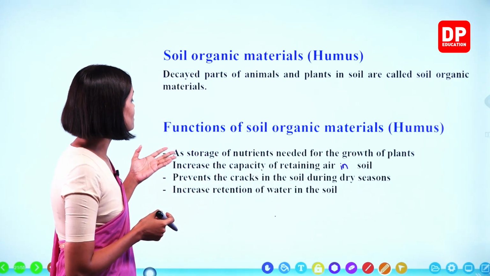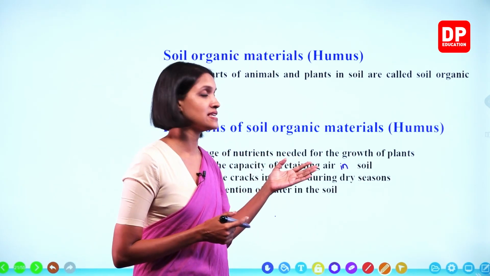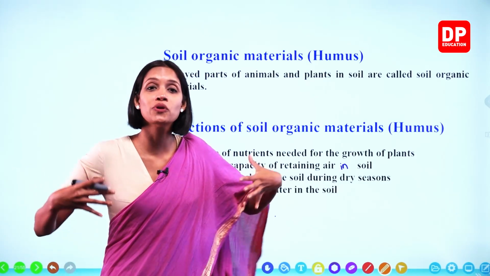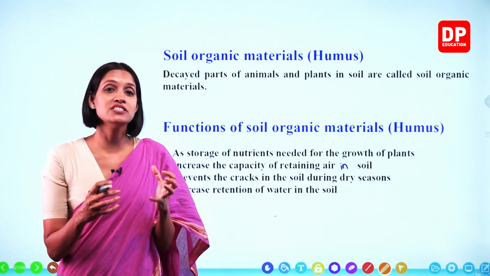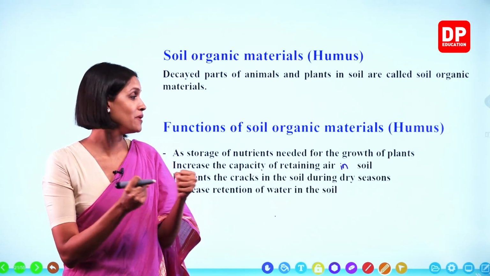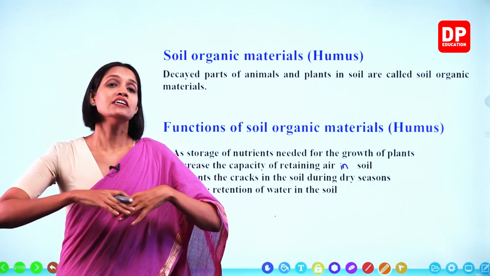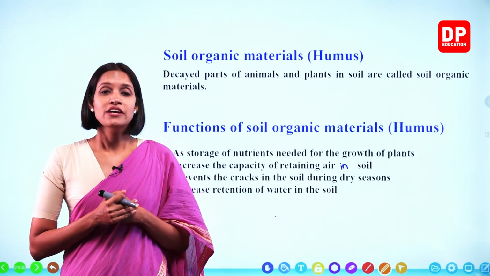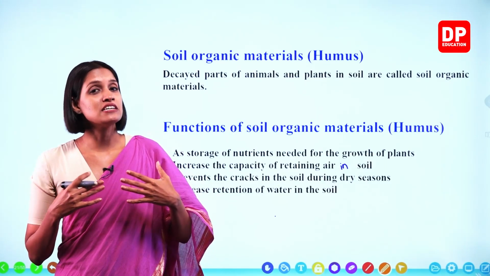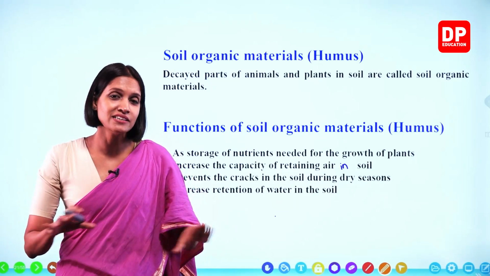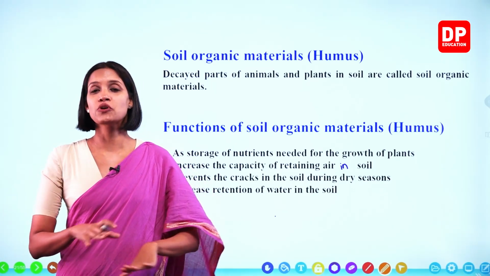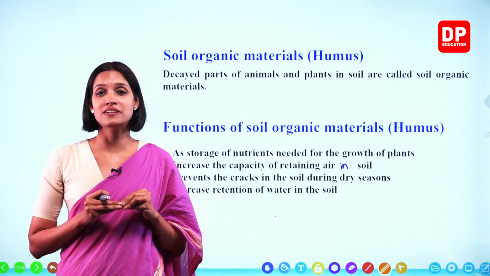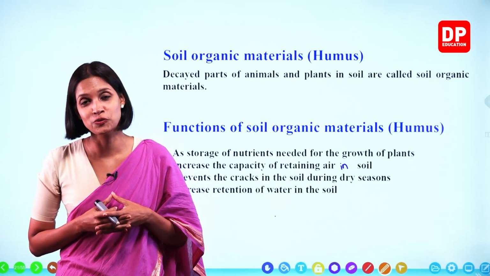Prevents the cracks in the soil during dry seasons, because if a certain soil has more organic materials, it can retain more and more water, and thereby during the dry seasons it will not get exposed to sunlight much. Have you seen, when you consider forests, the entire surface of the soil is covered with plant leaves and plant parts, and also some animal materials too.